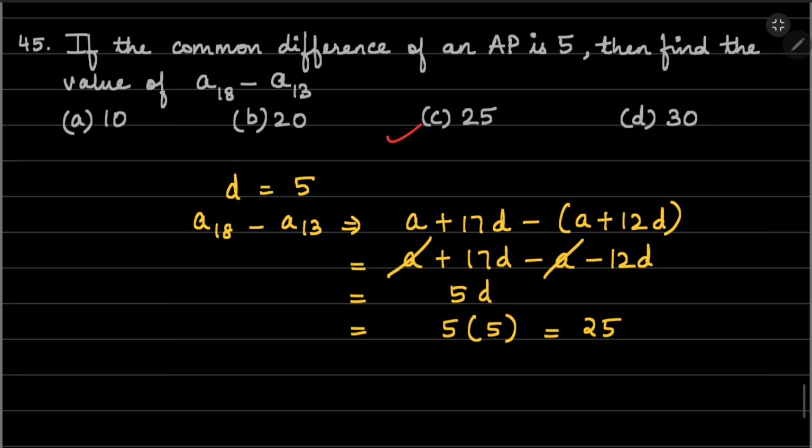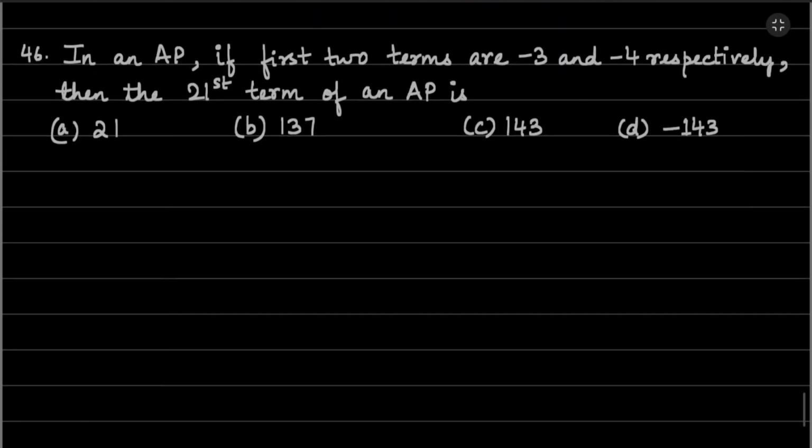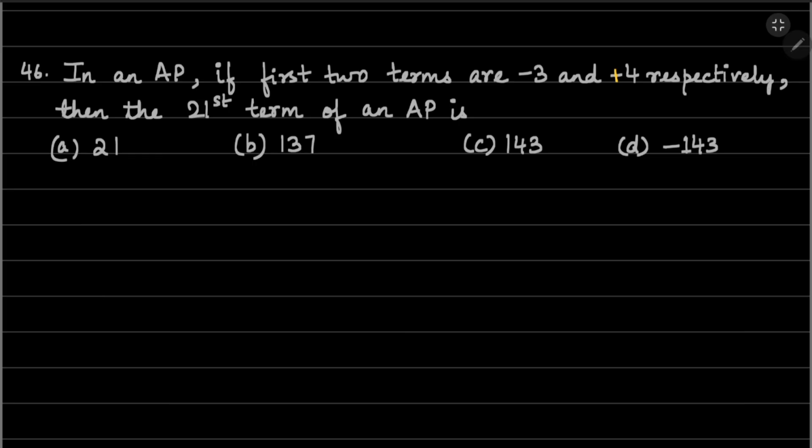The difference between the 18th term and the 13th term. Moving on. In an AP, if the first two terms are -3, 4, then find the 21st term. So your a is -3 and your d is nothing but 4 minus of -3, which is 4 plus 3. That is 7.